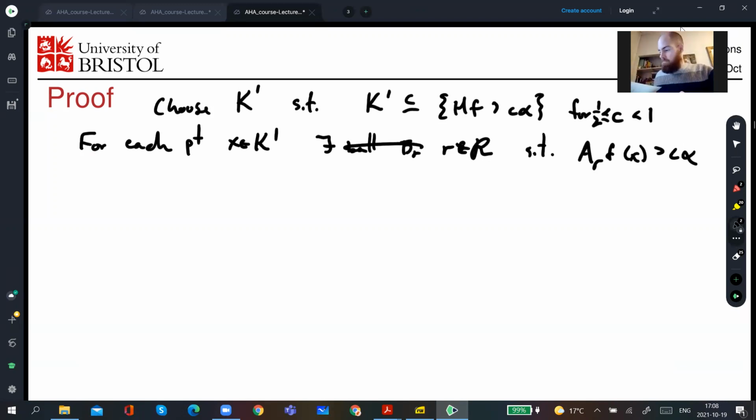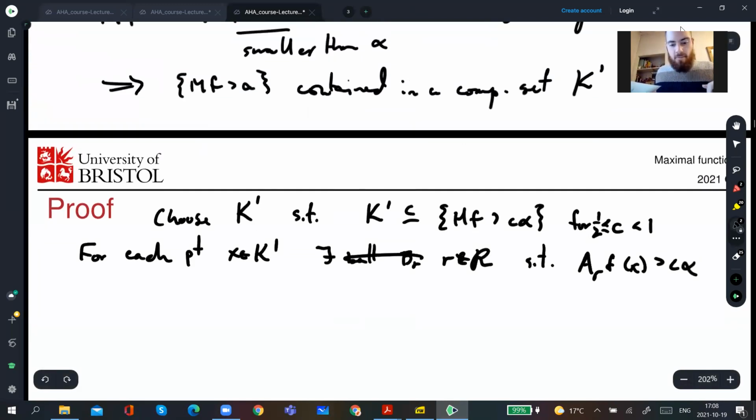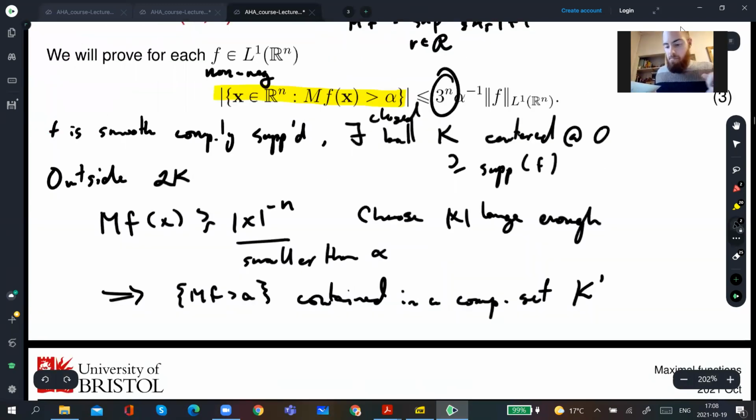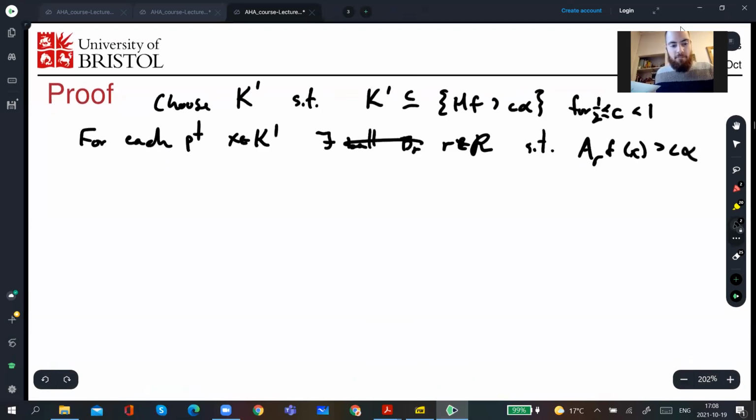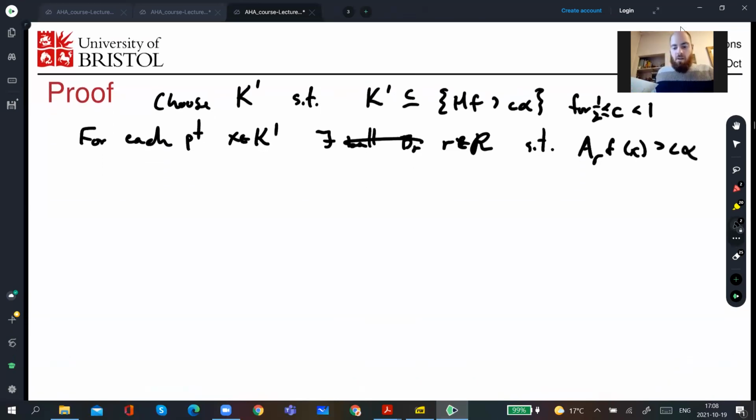And if I was actually inside of K, then I could replace that C with a 1. Not K, sorry, this is definitely K prime. Great, I plugged in a definition.